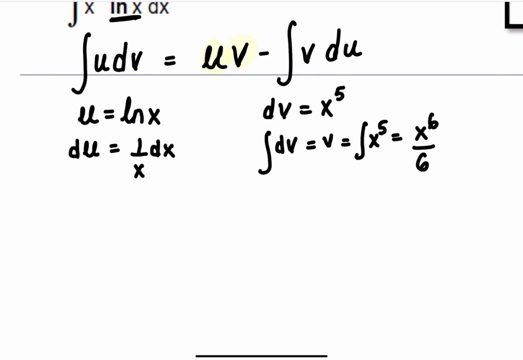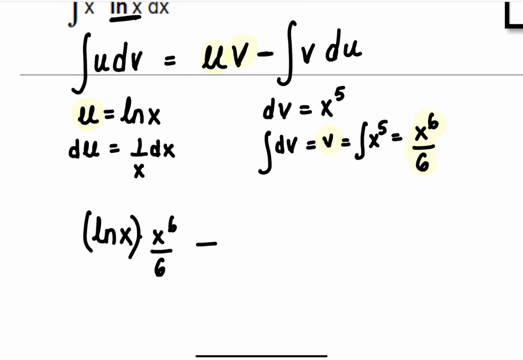U times v. What is my u? My u is ln x. What is my v? My v is x power 6 over 6. So times x power 6 over 6. Please do me a favor and don't multiply these two x's. They're not the same. Just to avoid the mistakes, make sure you put all of this in parentheses.